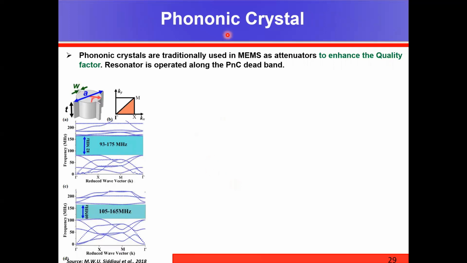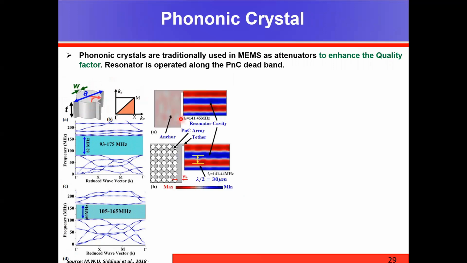This is a unit cell of a phononic crystal, and this is the frequency band diagram. As you see, this particular phononic crystal can have dead bands, right? That means a frequency range where the acoustic energy transmission across the cell is minimal or ideally non-existent.